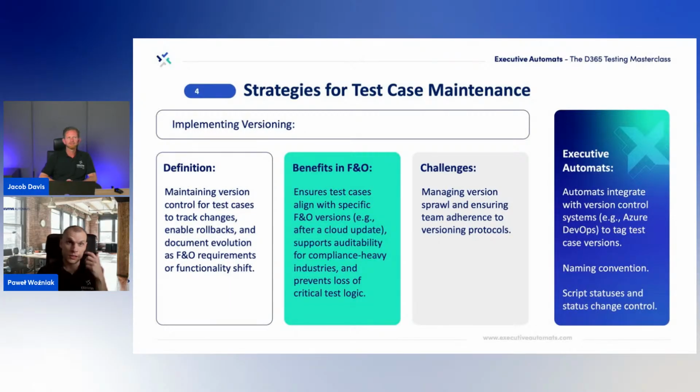This allows for traceability in the first place, but also allows you to create workflows for your team: start scripts on one status, inform other team members that you are working on some test cases, and put a status for review to inform your test manager which test cases should be reviewed after changes or after creation. So statuses help with versioning of scripts as well. It's easy to do that in EA. Nice.